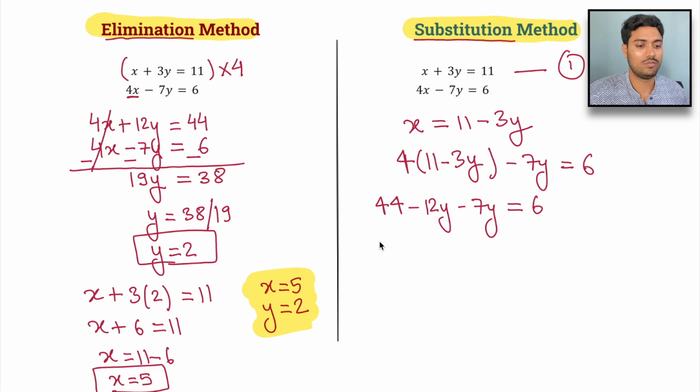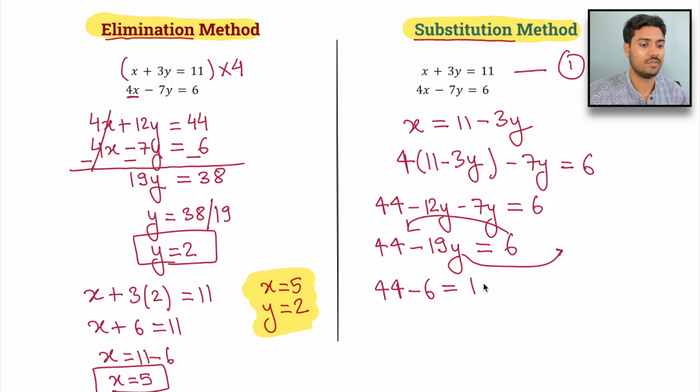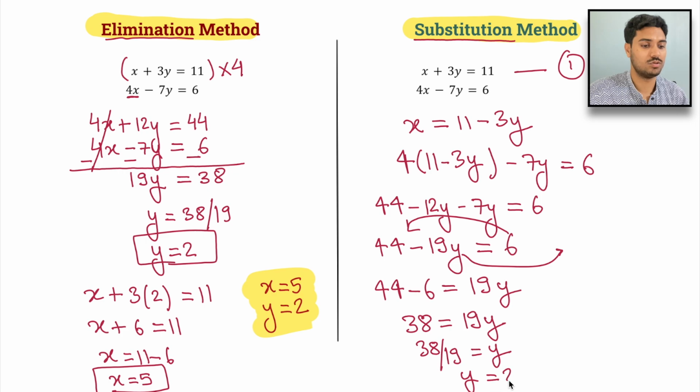So now 44 minus 19y equals 6. Transpose 6 to this side and negative 19y to that side. So 44 minus 6 equals 19y. So this is going to be 38 equals 19y. So 38 upon 19 equals y, and hence y equals 2.